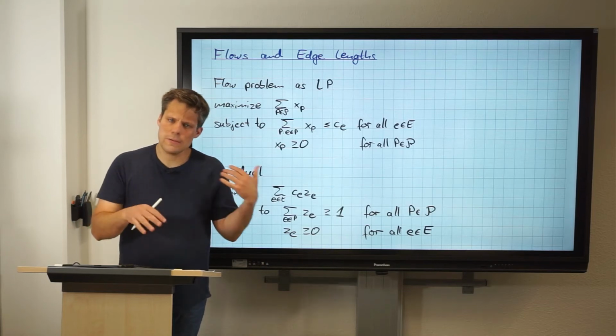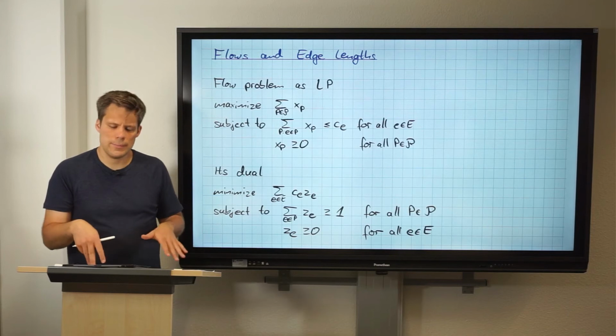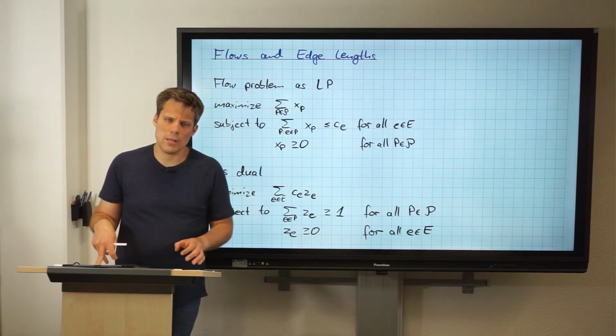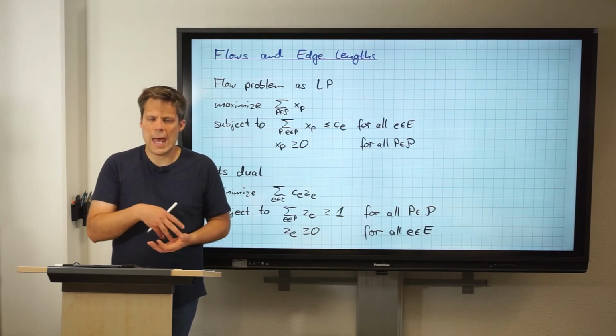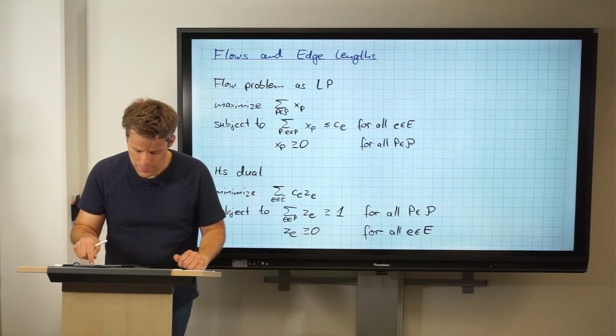So even if you didn't follow these thoughts regarding duality, it doesn't actually matter, because we can now just write down a very simple lemma regarding any choice of edge lengths versus the maximum flow value.